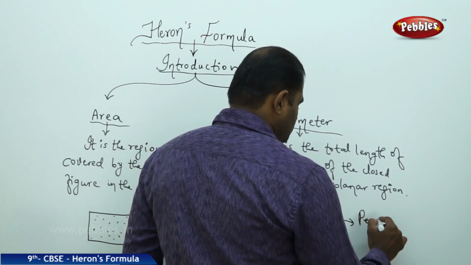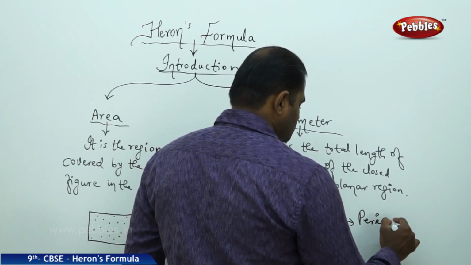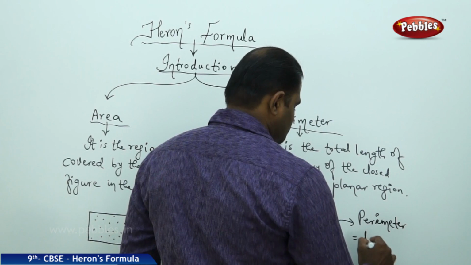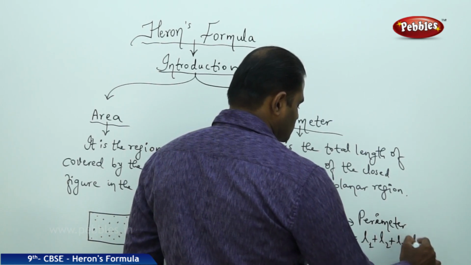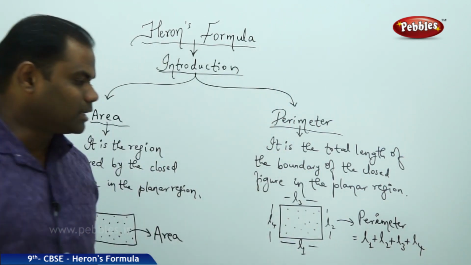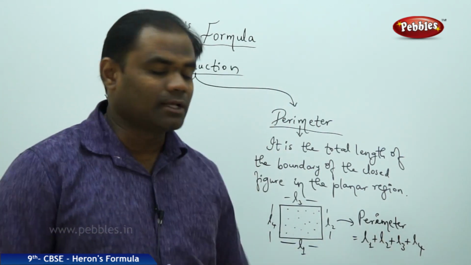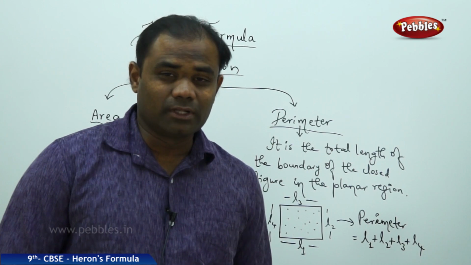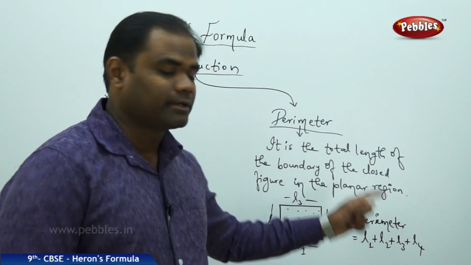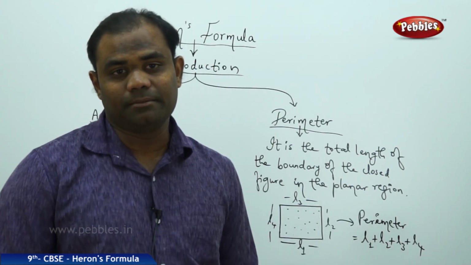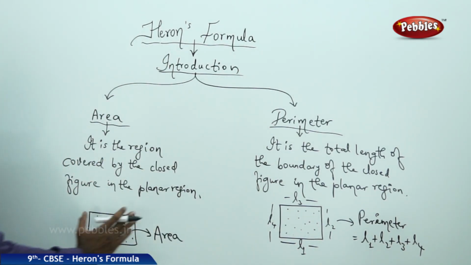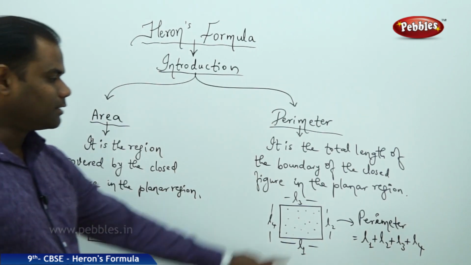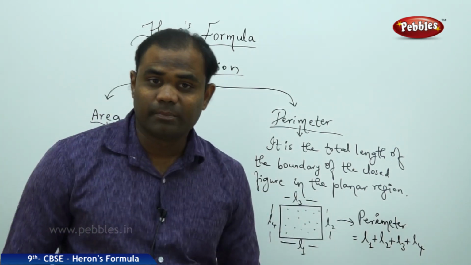Then perimeter is the sum of all the four lengths, L1 plus L2 plus L3 plus L4. The sum of all the lengths of the rectangular plank is nothing but the perimeter. The region covered by the closed figure, this whole region, is called area, and the length of the boundaries is called perimeter.